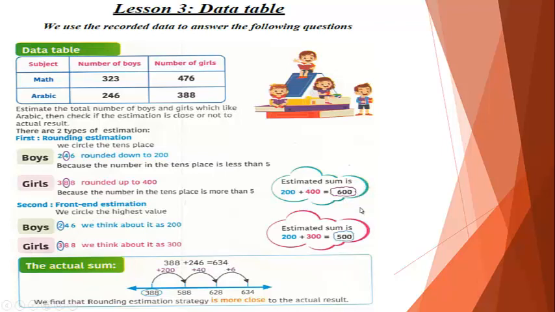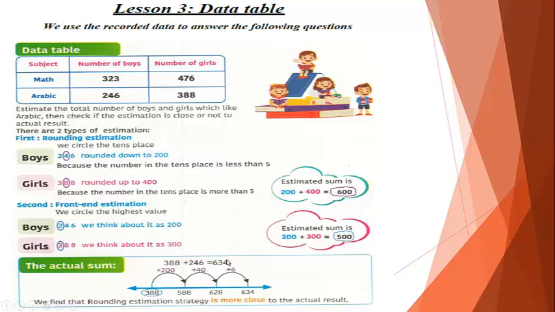Look at the two estimated sums that we have got here. The first one was 600, and the other one is 500. Which one of them is closer to the actual sum? Of course, it's the 600.